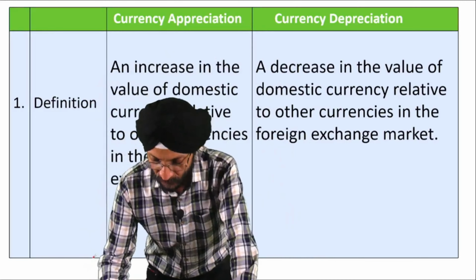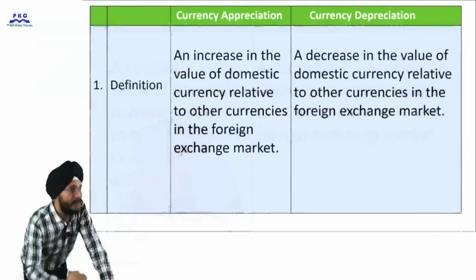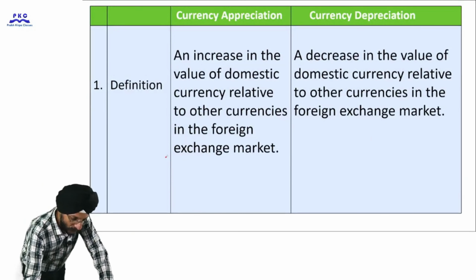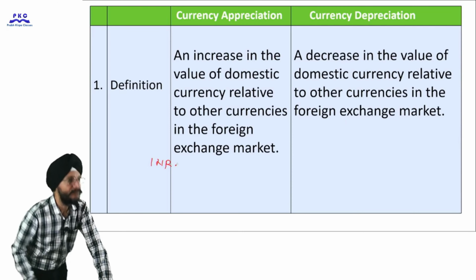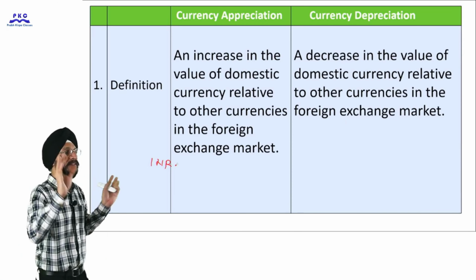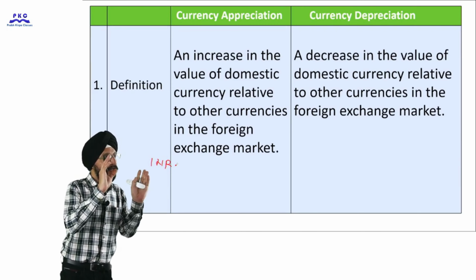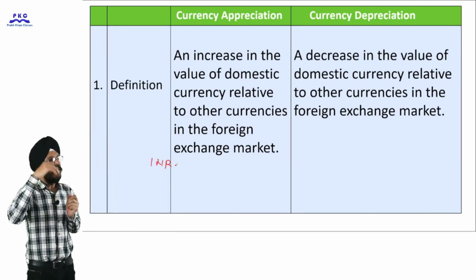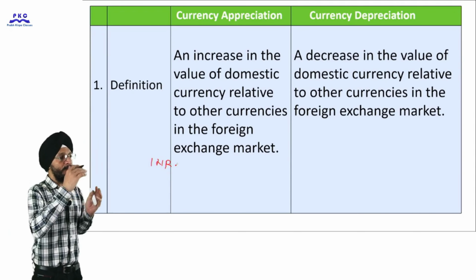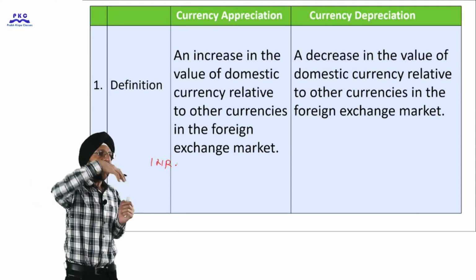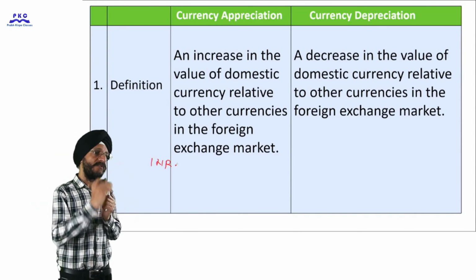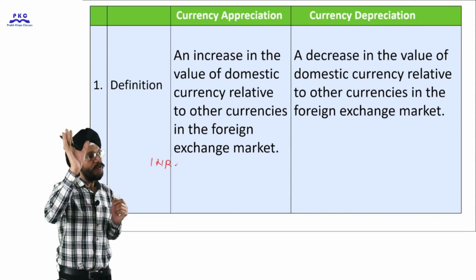Suppose we are living in India. Our Indian domestic currency is INR. All the other currencies except the Indian rupee are foreign currencies for an Indian citizen. Suppose for some time I shift to USA, then my domestic currency will become US dollar.